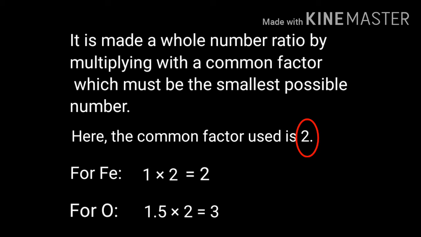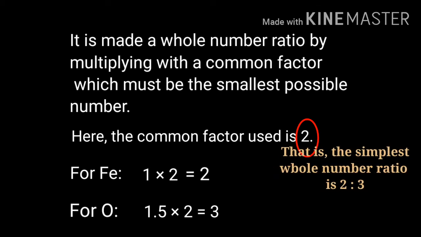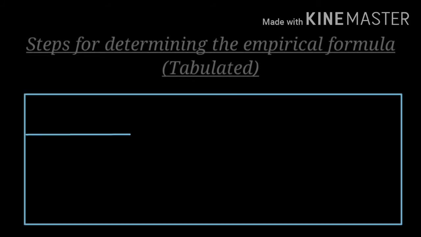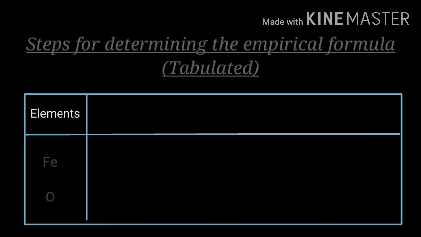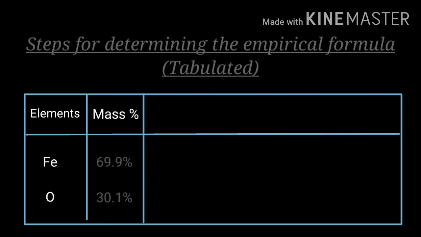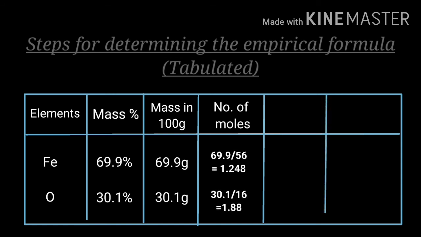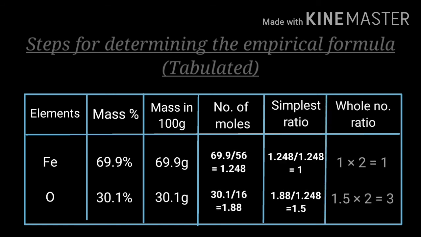That is, the simplest whole number ratio of number of atoms of iron and oxygen is 2:3. Therefore, the empirical formula is Fe2O3. The whole steps can be tabulated in this way. Elements, mass percentage, mass in 100 gram, number of moles, simplest ratio, and the whole number ratio.